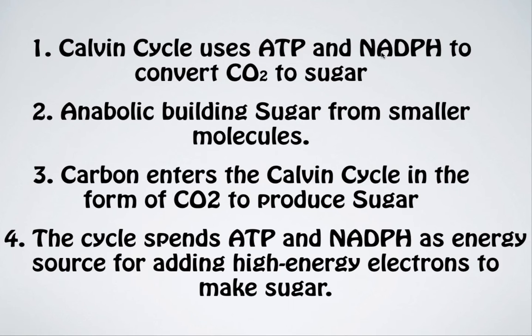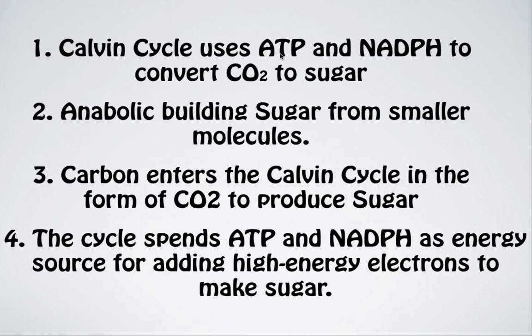Real quick, for the meantime, consider NADPH the same as ATP. NADPH is another energy carrier, a high energy electron carrier, so it functions the same way as ATP. Don't be confused. I know we haven't discussed NADPH yet, but when you see NADPH, consider it the same as ATP. It's just another energy carrier in the Calvin cycle.